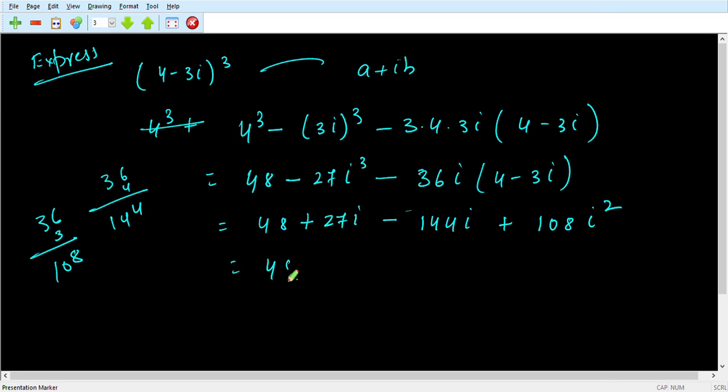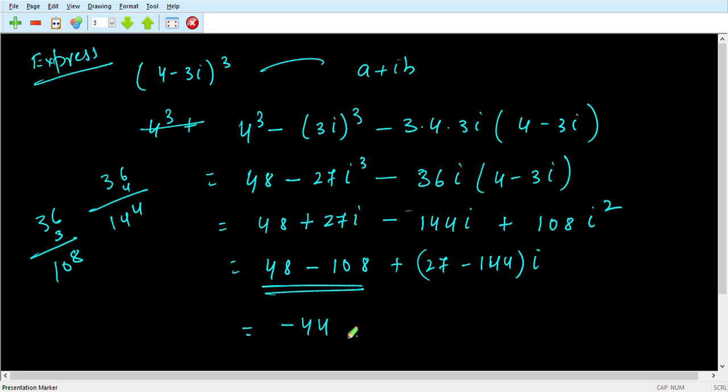So 48 minus 108 plus 27 minus 144 iota. So this will give you the value minus 44 minus 117 iota.